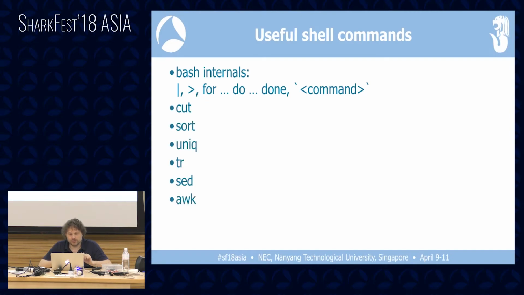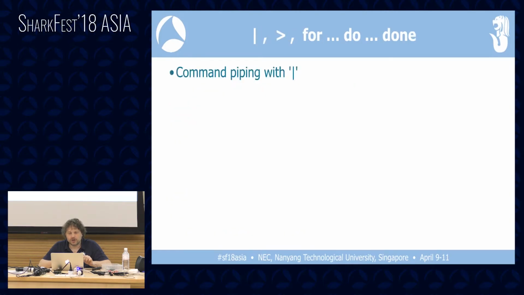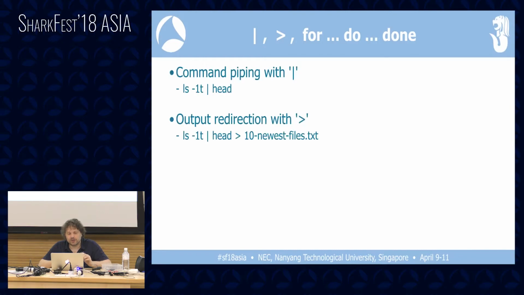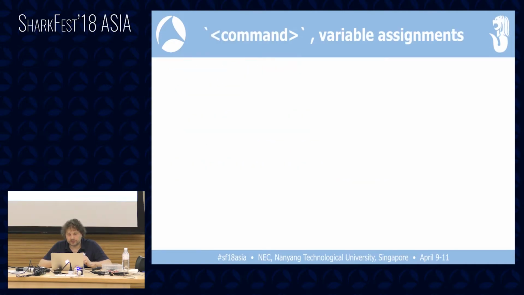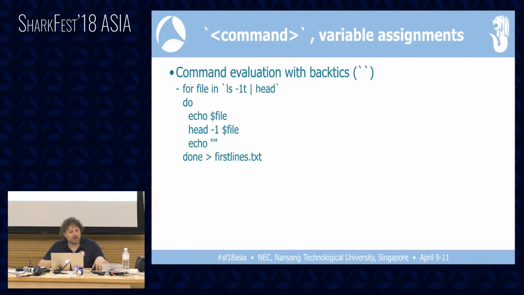Well, I'm going to show each command in its own page. So command line piping, you do with a pipe command. Redirection to redirect output to a different file. Looping to loop through some values. And backticks to create output of a command and use that in the next command. So, for instance, if I'm going to loop through all the files in this directory, I can do it like that.